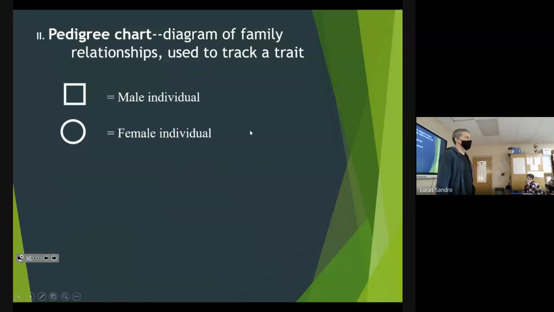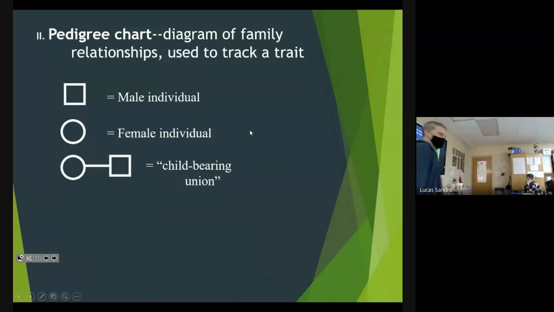What's that? Yeah, right. We used to call it the marriage line, but of course that's not necessary to reproduce, right? So let's just be real PC and call it childbearing union.